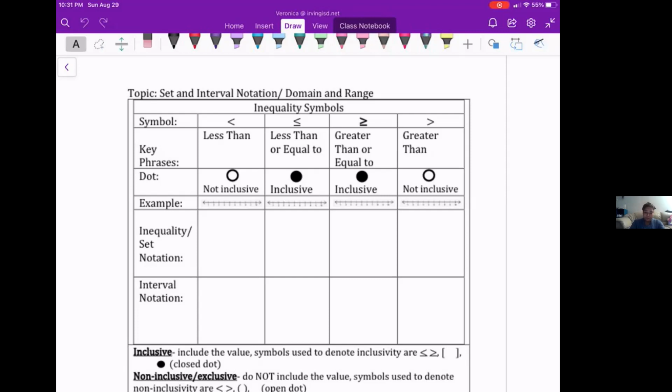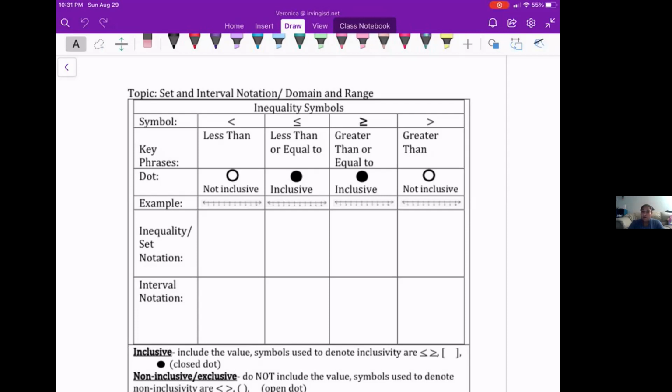I'm going to go through all the examples, and I would appreciate it if when I ask you to pause the video, you pause the video, do what I ask you to do, and then play the video and see if what you did was correct. Almost trying to mimic as much as if I was there in person, okay?